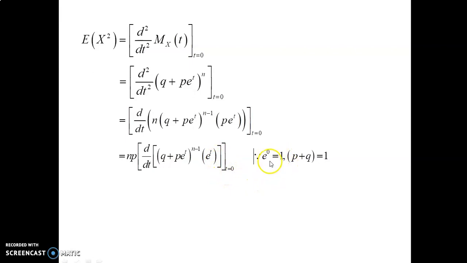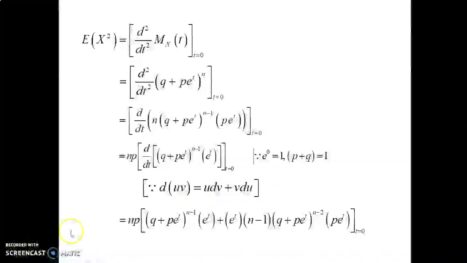Here e^0 value is 1 and p + q = 1. Now using the basic formula, differentiation of uv equals u dv plus v du. Here both are functions of t, and the two functions are multiplied. Take this as u and this as v.